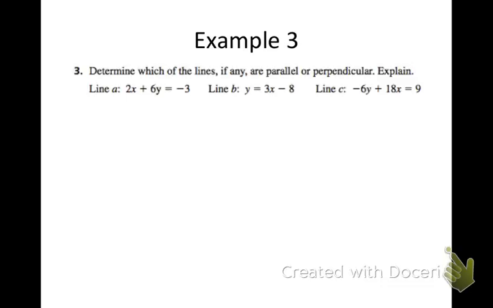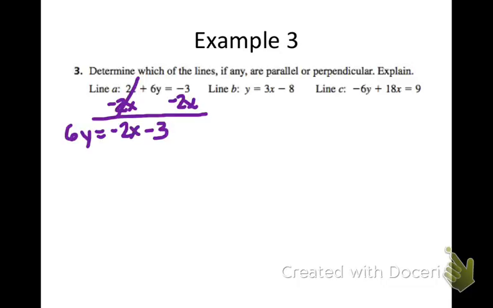Determine which of the lines, if any, are parallel or perpendicular and explain. The first step you're going to want to do is make sure they're all in slope-intercept form. I see that line B is already in the right form, so I'm going to change line A and line C into slope-intercept form, making sure to put the slope term right next to the equal sign.